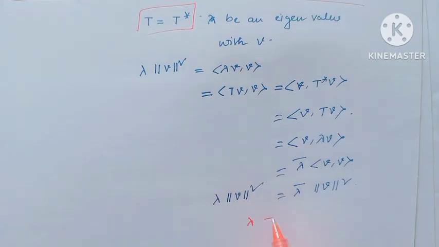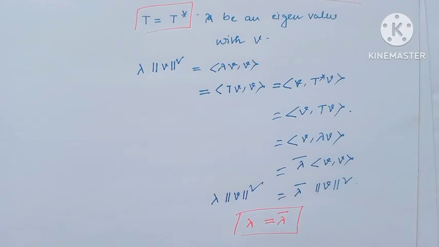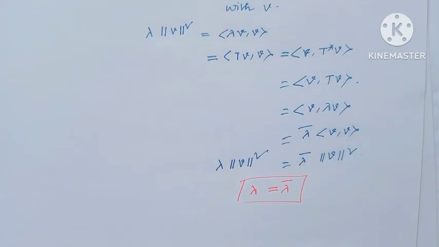That means lambda equals lambda bar. I hope all my viewers have understood. Since lambda equals lambda bar, every eigenvalue of a self-adjoint operator is always real.